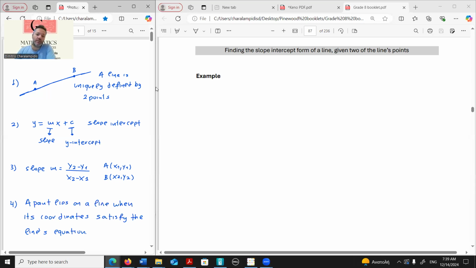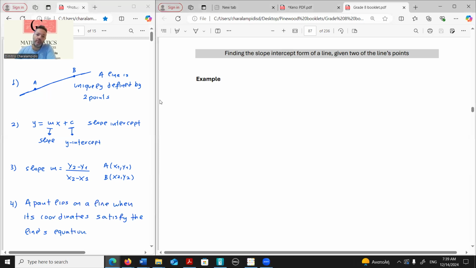We'll do that through an example. Let A with coordinates 3, 5 and B with coordinates 5, 11 be 2 points.